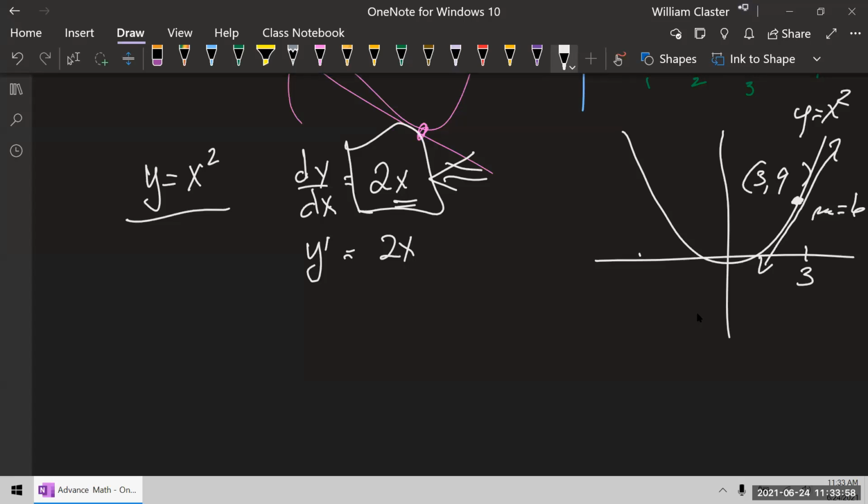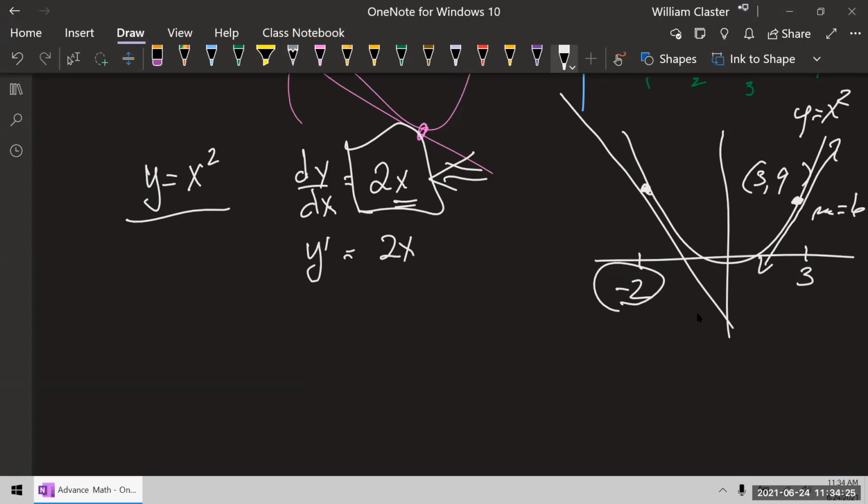For example, here, suppose this is -2. Well, we already can see visually that the slope is not going to be positive here. It's going to be negative, right? The slope of this line is not positive, it's negative. And let's check our formula. So the formula says, tell me the x value, and I'll tell you the slope. So the x value is -2. If I put in -2 here, I get -4.